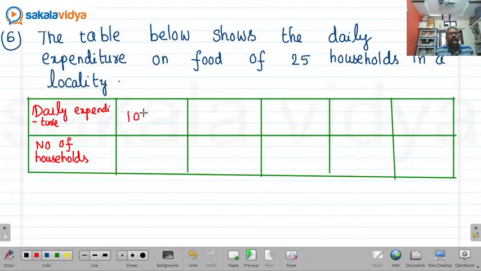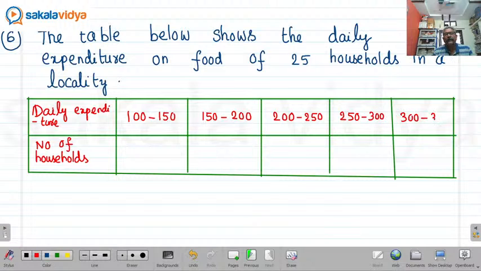Class intervals 100 to 150, 150 to 200, 200 to 250, 250 to 300, 300 to 350, with frequencies 4, 5, 12, 2, 2. This is the total frequency, 25. If you add 4, 5, 12, 2, 2, you get 25 only. This is sigma Fi given.